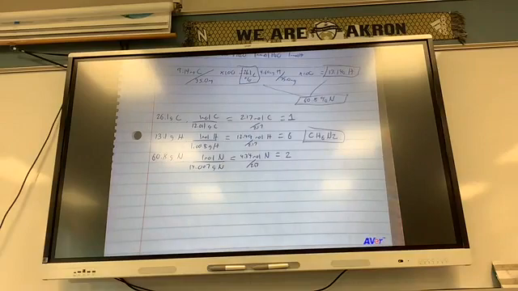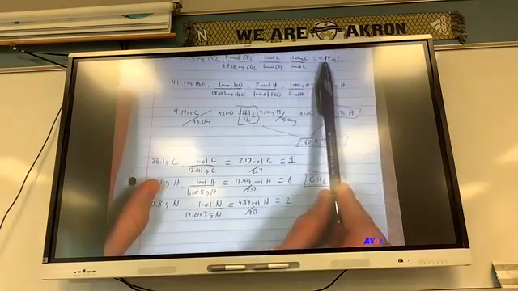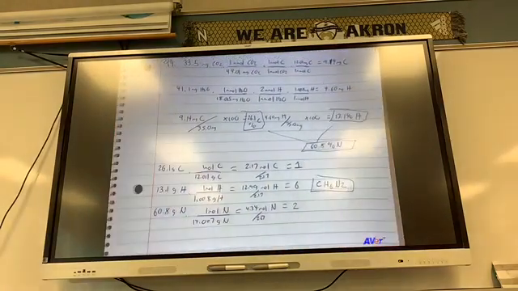On that one, the only tricky part was you had to figure out your grams in the beginning, or I did milligrams. Figure out your grams, divide by the total, get your percent, and then you're ready to do your regular old empirical formula. That's fine.